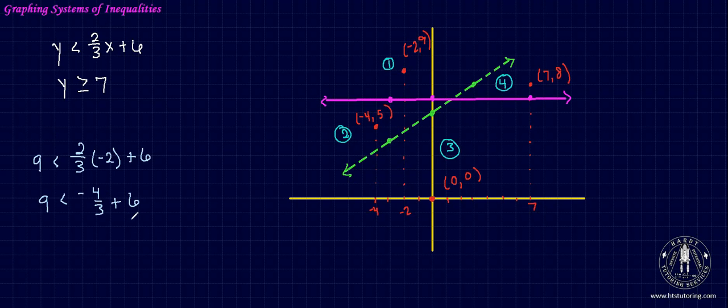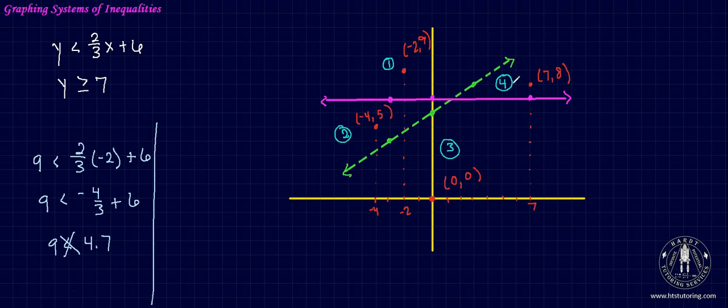I'll do that in my calculator, and I get 9 is less than 4.7. Approximately, I rounded that off. It's 4.6 repeating, but we'll round off to 4.7. That is not true. So region 1 isn't going to work, so let's make sure region 4 will at least work. And remember, it has to work for both of them.